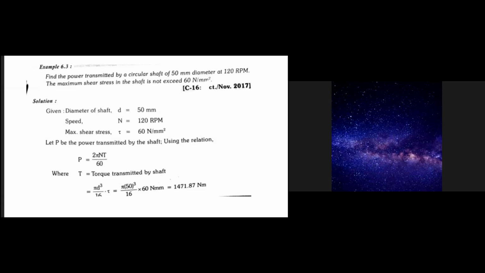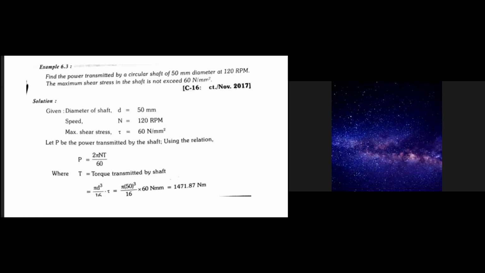And we know the relation for power, power P equal to 2 pi N T by 60. Okay. And here N is given, T is not given, so we have to calculate the T value first. The torque T transmitted by the shaft equals pi by 16 d cube into tau, where d is given and tau is also given.